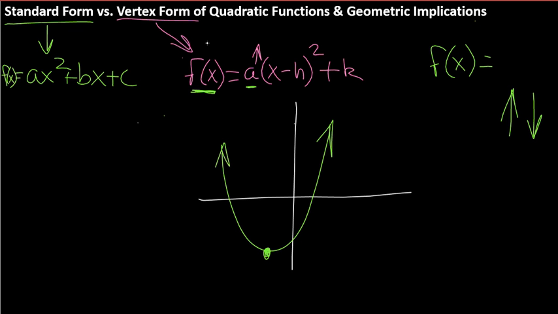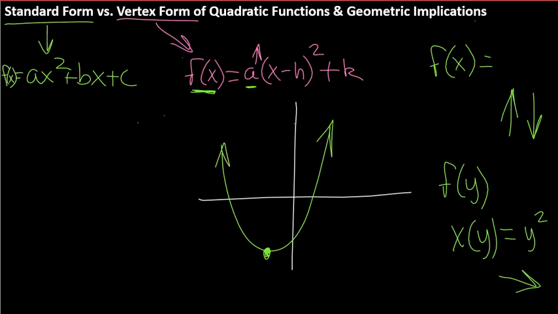But if I have f of y instead, meaning I have x as a function of y equals, let's say, y squared, that would be a sideways parabola opening to the right, because a is greater than 0.